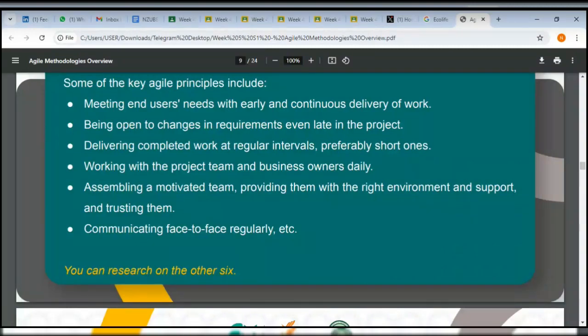The other one is assembling a motivated team, providing them with the right environment and support, and trusting them. So remember, something I would say is this. In my years of experience, I have been an active part of the hiring process.